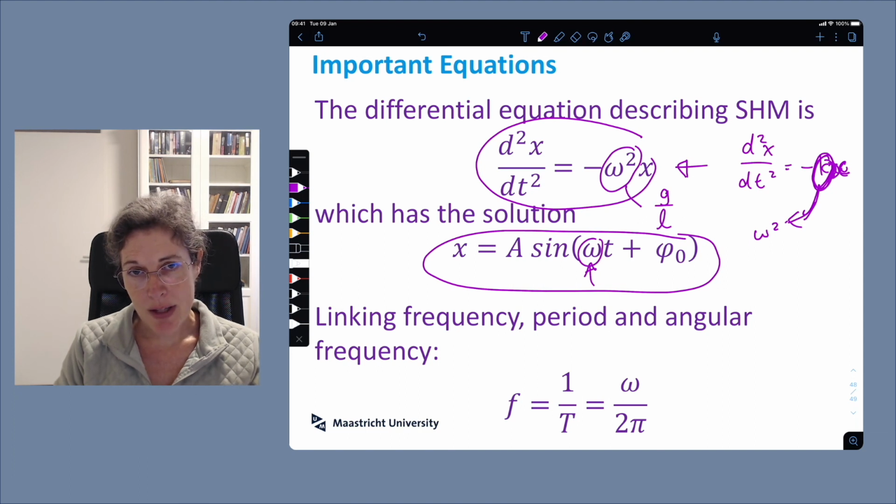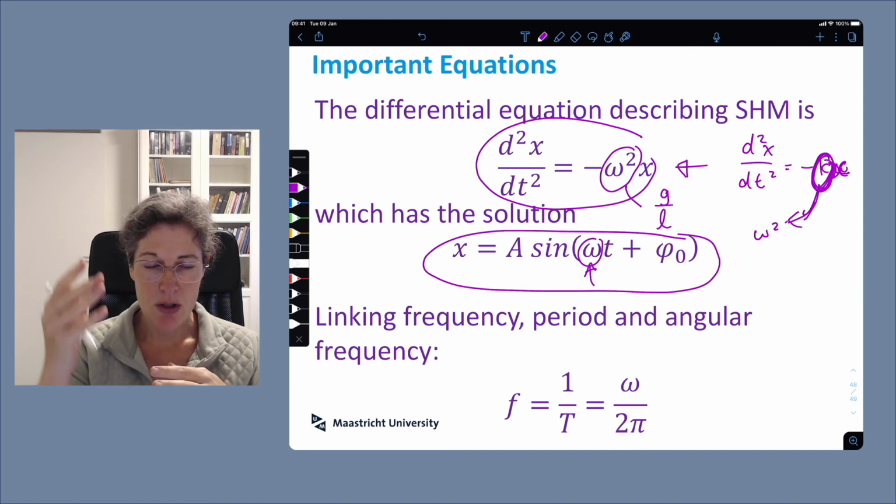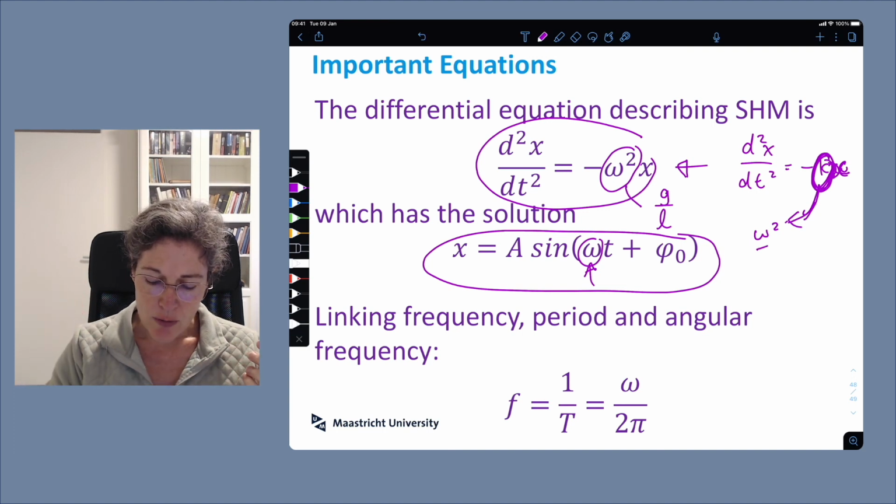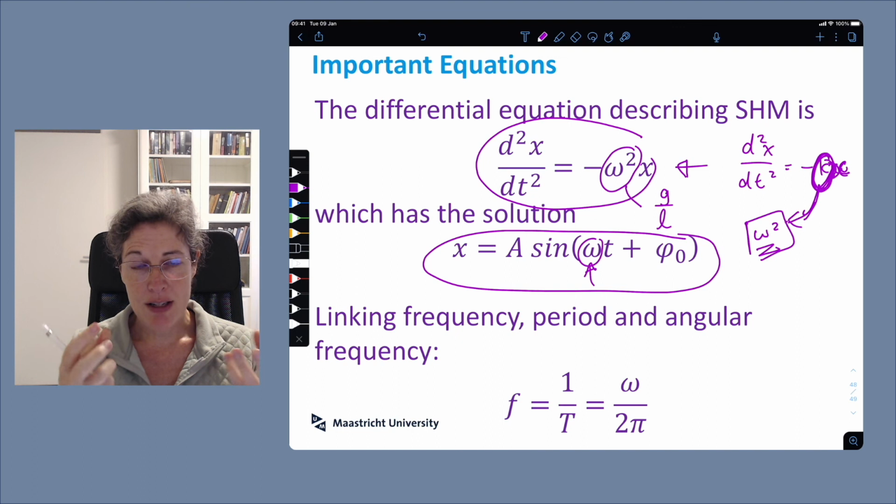And what's useful about that is because your coefficient comes from the physical system. So when we had the mass spring, we saw that it was the spring constant and the mass. When we were looking at the pendulum, we saw that it was the length and the gravity. You can tell that your angular frequency is a natural thing that happens from the particular system you're looking at and is determined by the system.